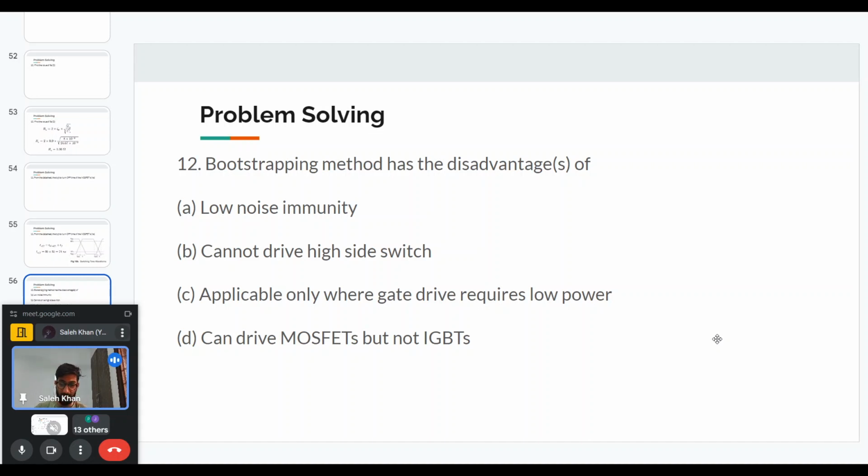Can anybody guess what is the answer? The answer can be more than one of these options. Can you guys guess which ones are the answer? You can write in the chat what you think is the answer to this question.